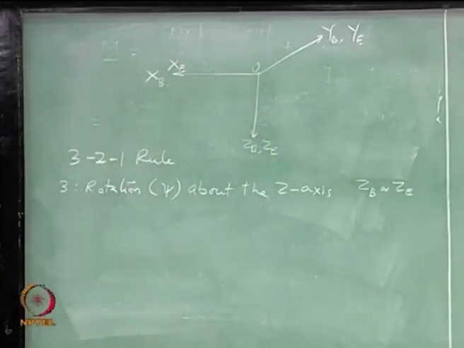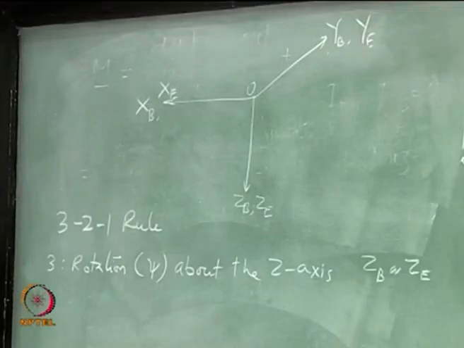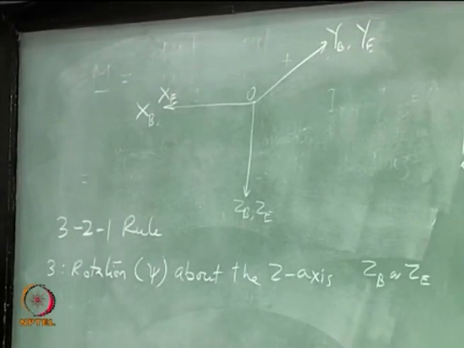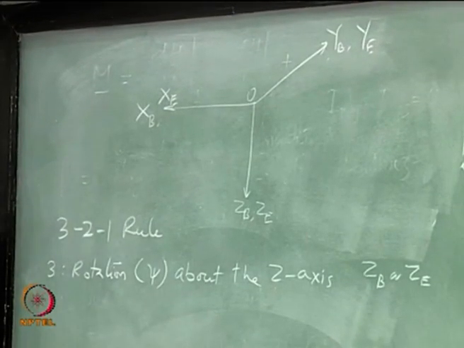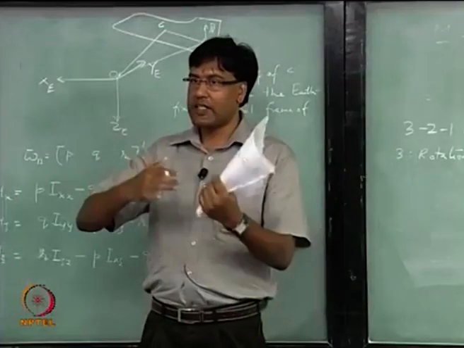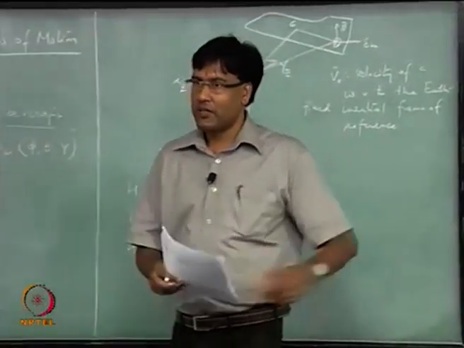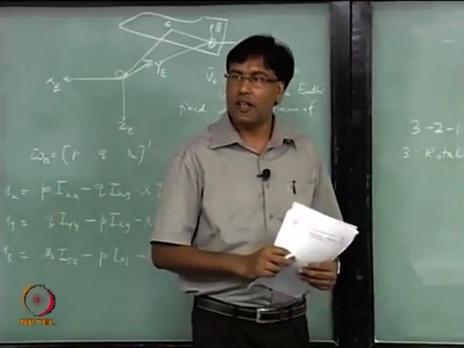So, the second: now you go to a different axis system, right. Once you have rotated your plane about the z axis, you will go to a different coordinate system, right, because x and y are going to be different from what you see here, isn't it.